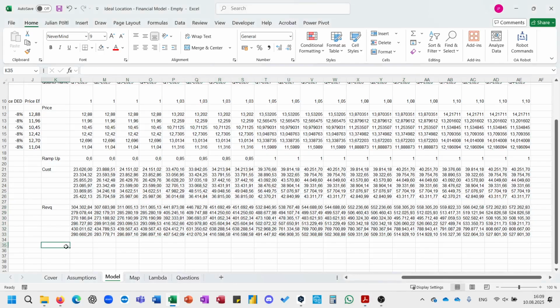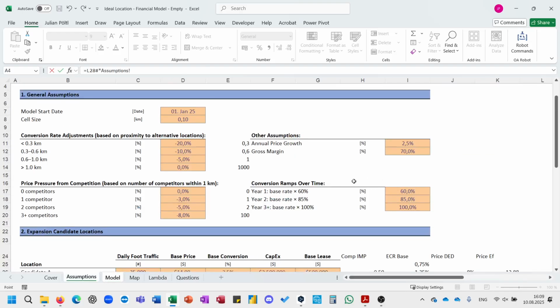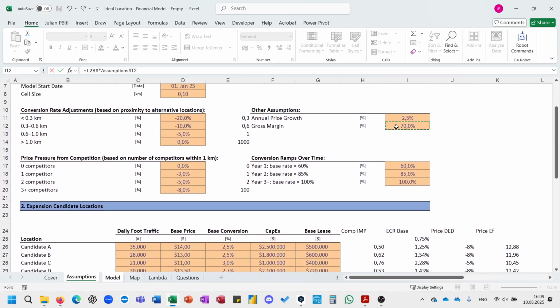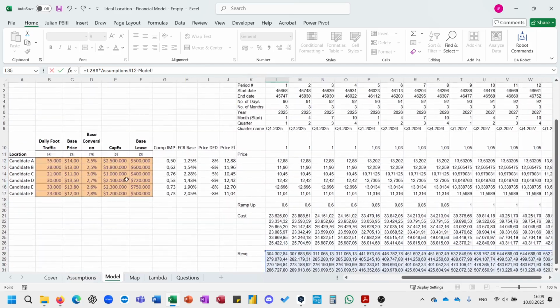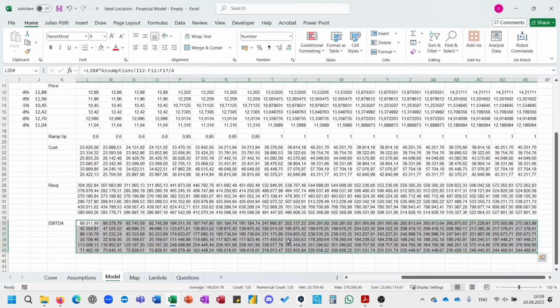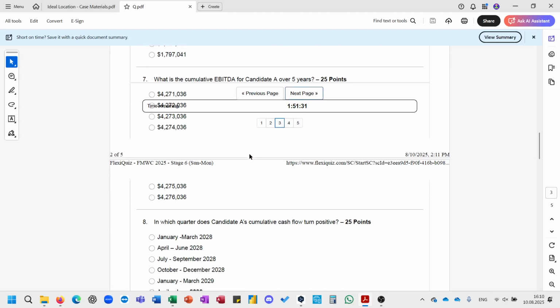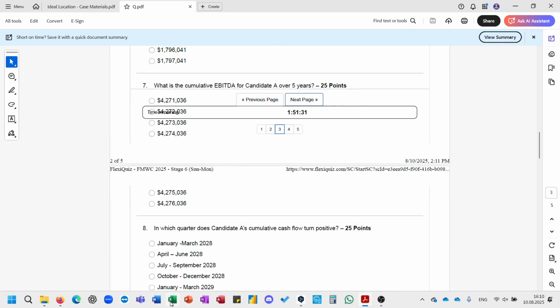Okay, EBITDA equals revenue times gross margin, not a bad gross margin, minus base lease divided by 4 because we're calculating here in quarters. And then cumulative EBITDA for A.